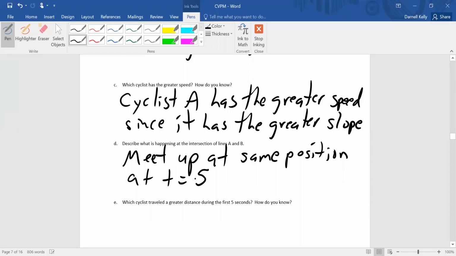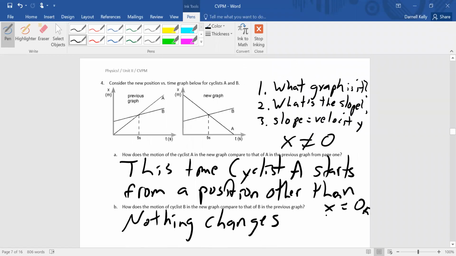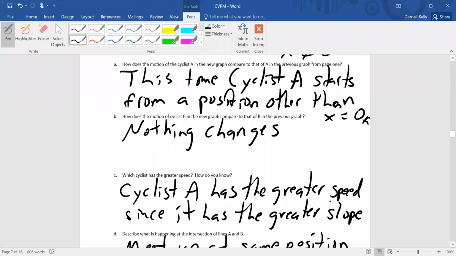T equals 5. So which cyclist travels a greater distance during the first 5 seconds? How do you know? That one's a tiny bit of a challenge, huh?